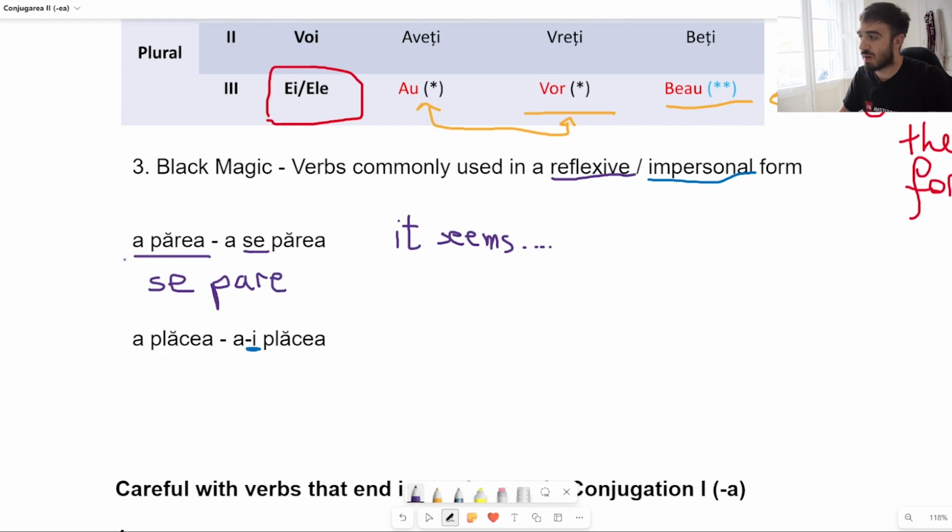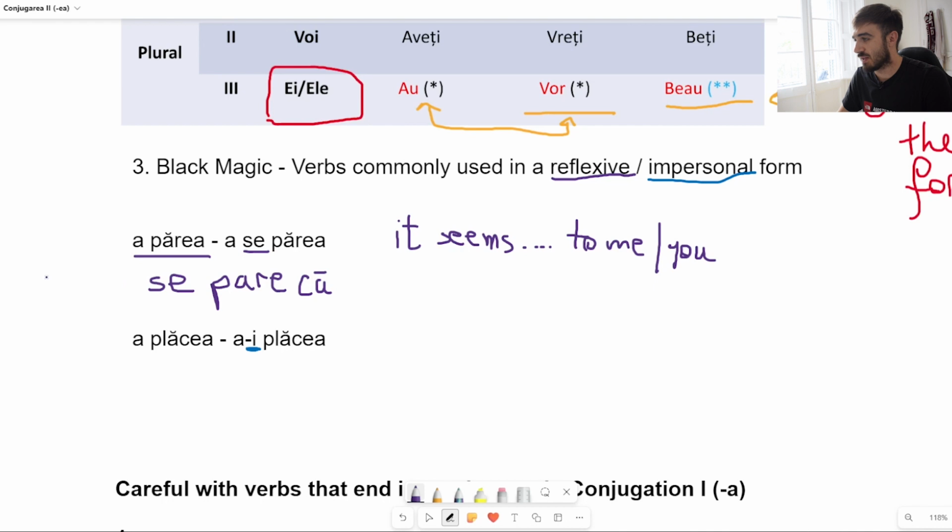So you don't say pare. You don't just say pare usually in Romanian. When you say it seems, you say se pare, and normally you would put a că after that because in English as well you would say it seems that. So se pare că, and then if you really want to be specific to whom it seems, in English you might have it seems to me, or to you, or whatever.